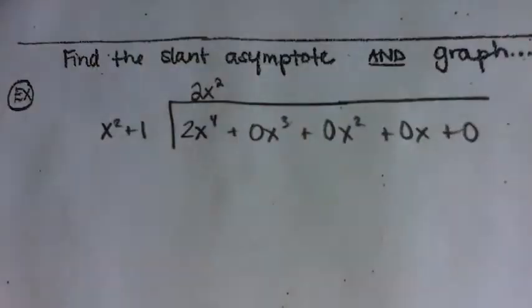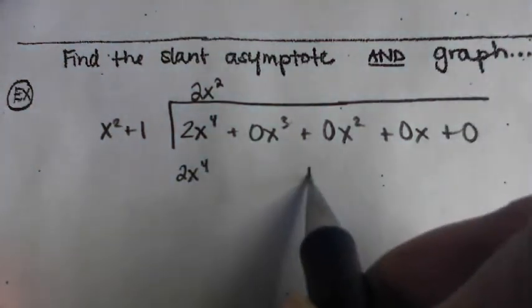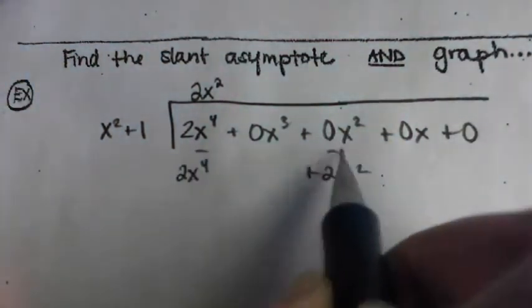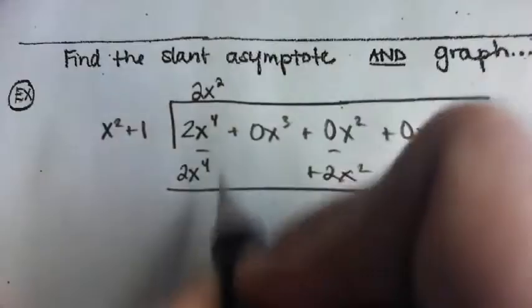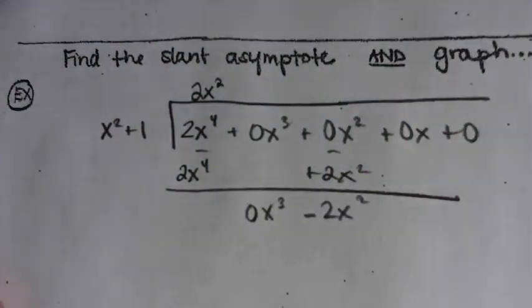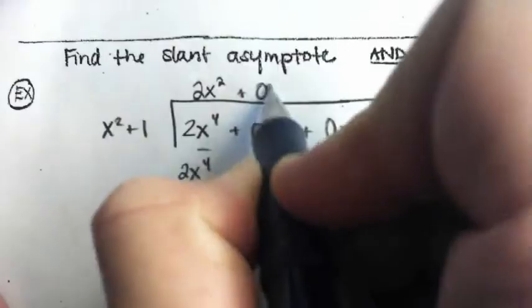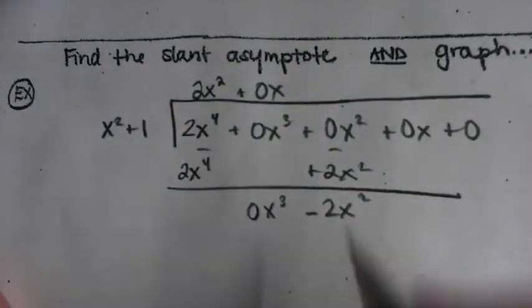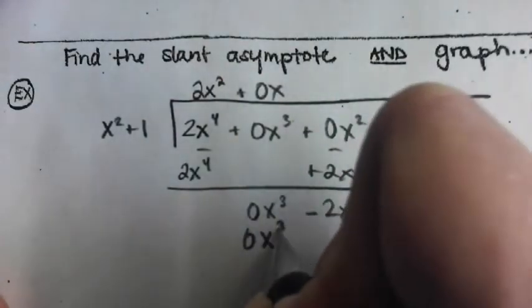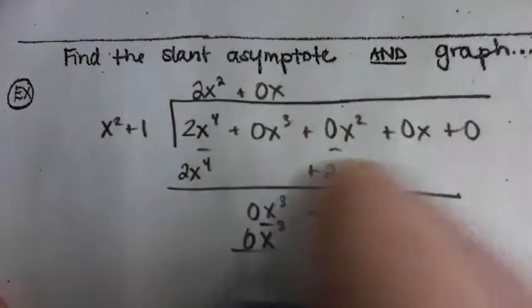So x squared times 2x squared first, so I get 2x to the fourth plus 2x squared. I'm lining everything up properly, doing my subtraction. I get 0x cubed minus 2x squared. And I repeat. 0x squared times what? 0x will give me 0x cubed. Do my subtraction.